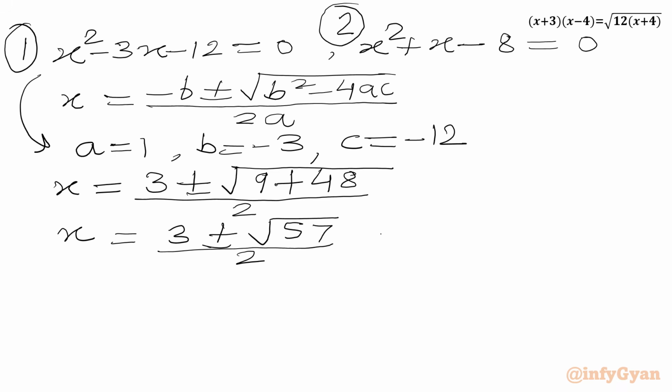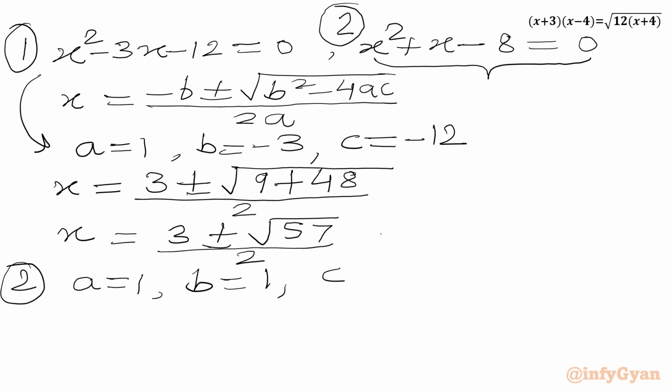Now we will be solving the second quadratic equation. For this equation, if I write here the values of a, b and c: a is 1, b is 1, c is negative 8. We'll write the x value. x will be equal to minus b.